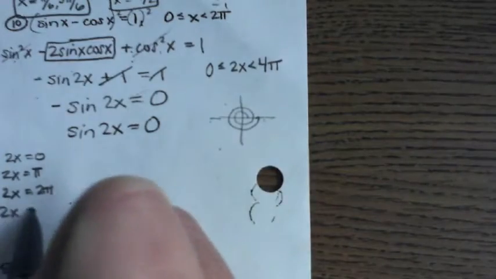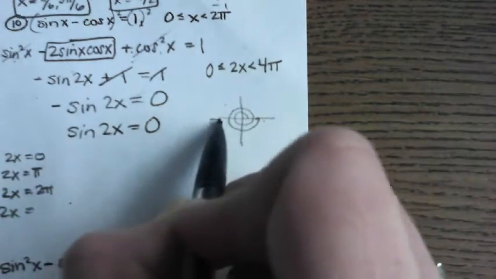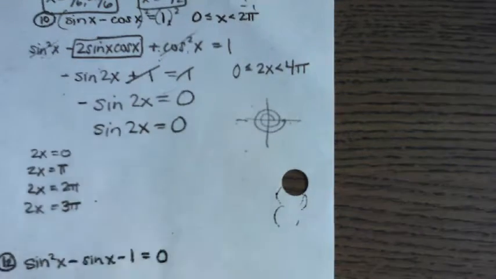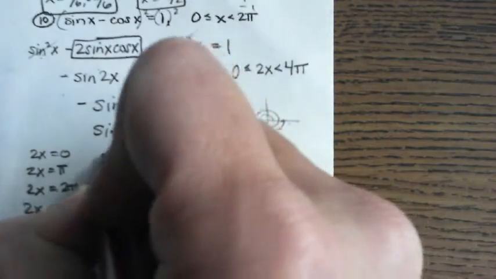And then 2x could equal 3 pi. Right? 4, not 5. And then you don't do 4 pi. So when you solve all of those, x equals 0, x equals pi over 2, x equals pi, x equals 3 pi over 2.